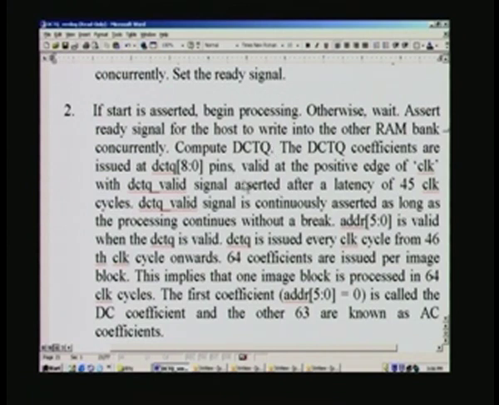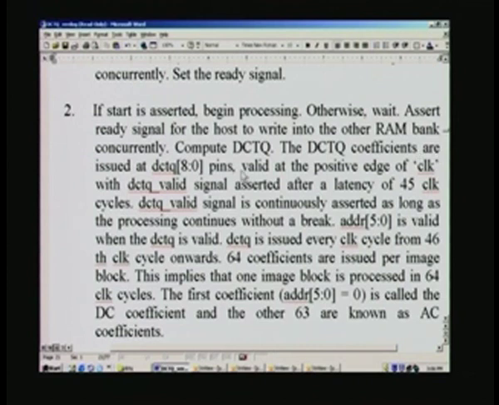This will be valid at the positive edge of the clock. So after one clock delay you can register it in any other subsequent processing, which will still be holding good, because it changes value only at the arrival of the clock. So right at the fag end of the clock also you can register it into the external world, external to the DCTQ processor.